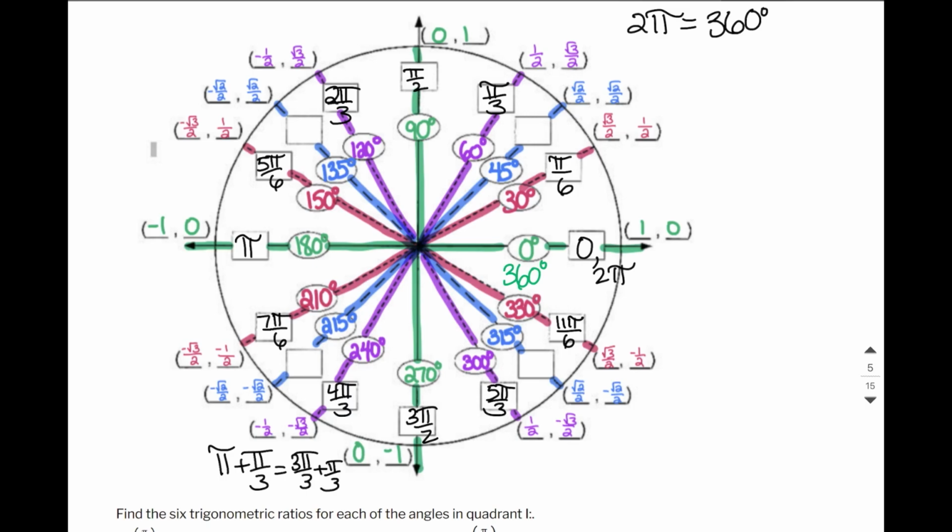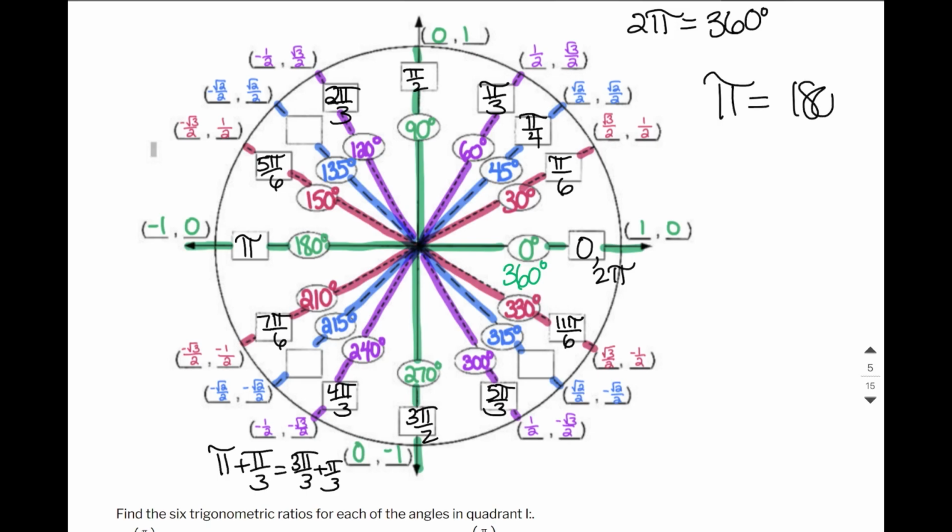Okay? All right, so those are all our 30 and 60 degree angles. Now let's talk about the 45 degree angle. So this 45 degree angle right here, we have 1 45, 2 45s, 3 45s, 4 45s to make 180. So this would have to be pi over 4.